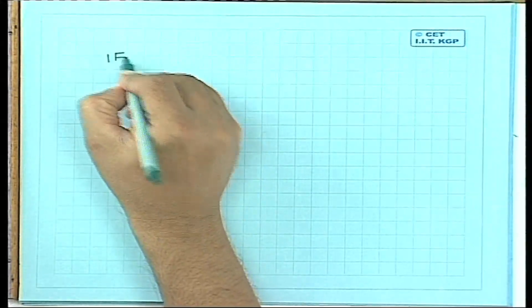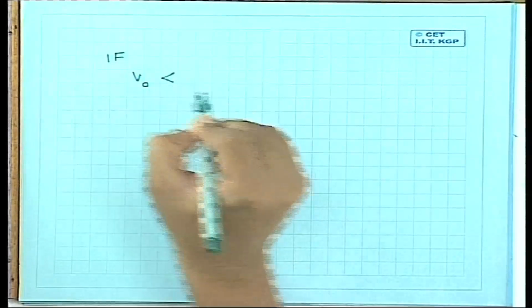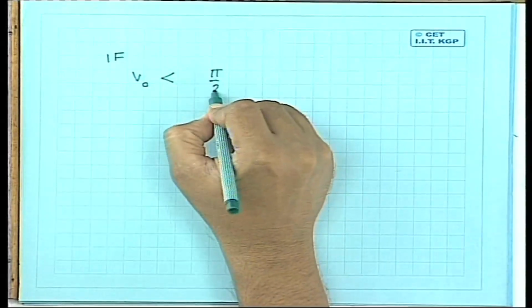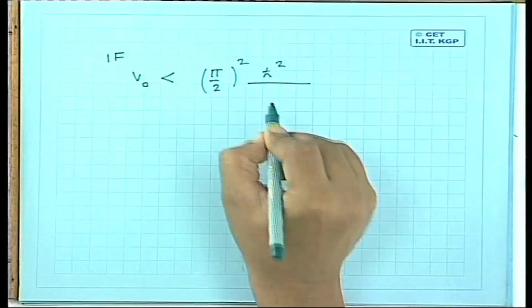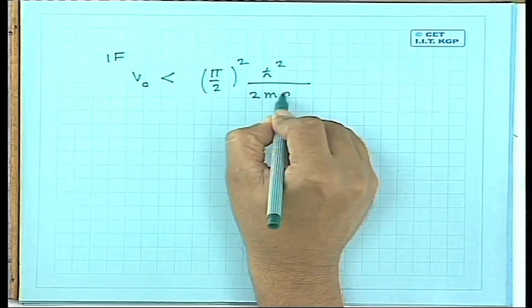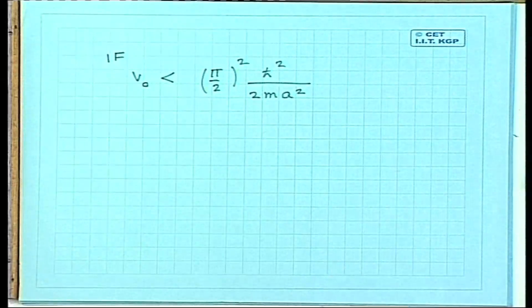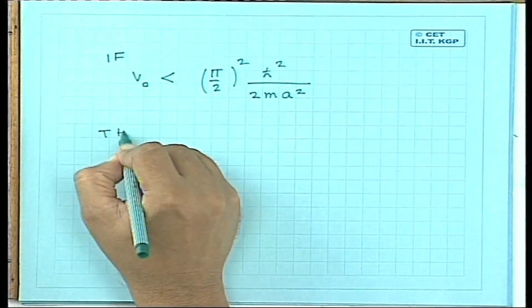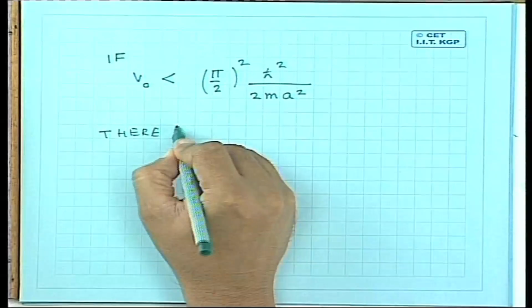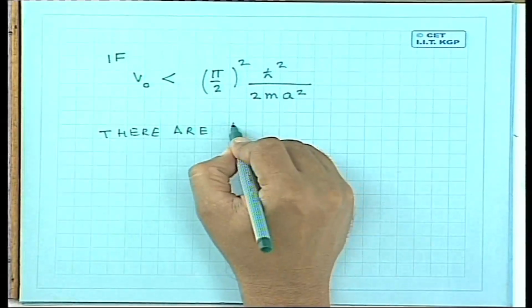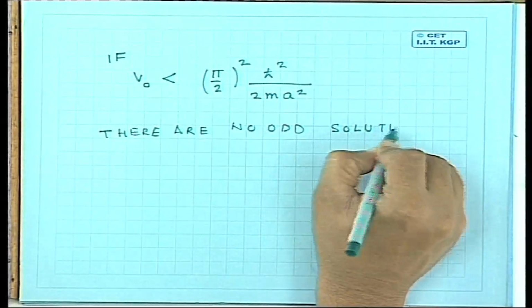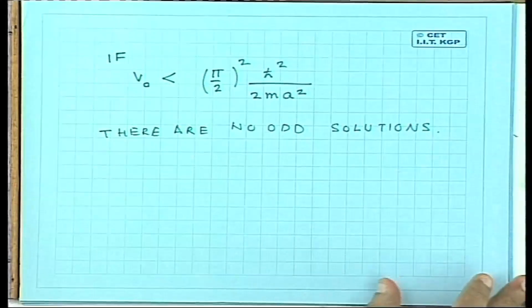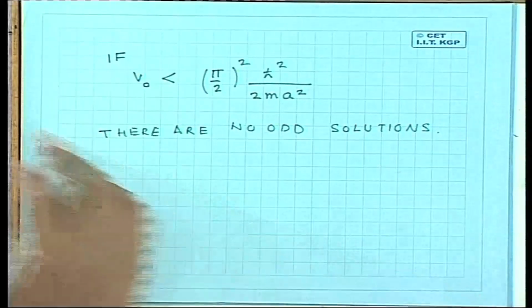So if V naught is less than pi by 2 squared h cross squared by 2m a squared, there are no odd solutions. And as the potential increases, you get more and more odd solutions.